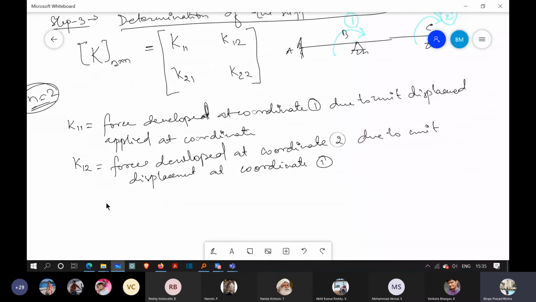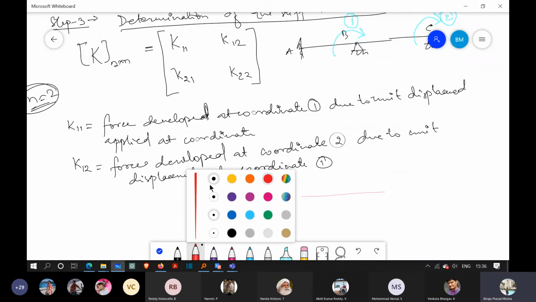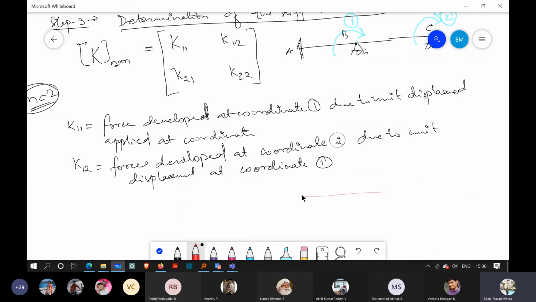What does this mean? Let us say this is the given beam. In order to find this, we have to make all the supports fixed supports.